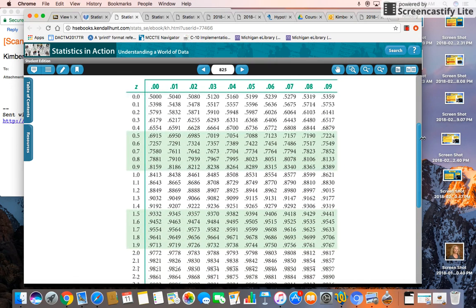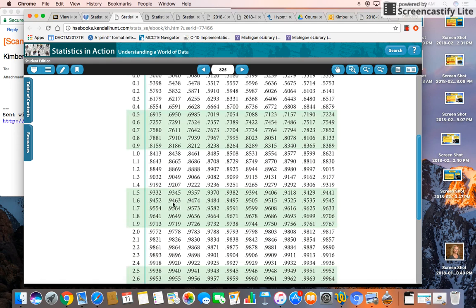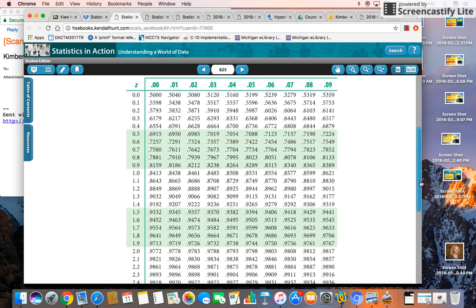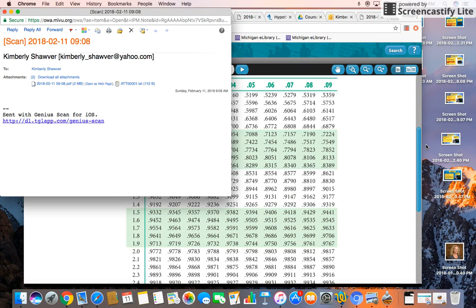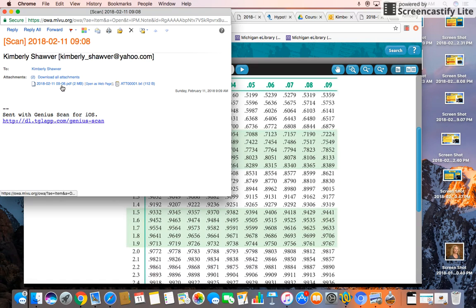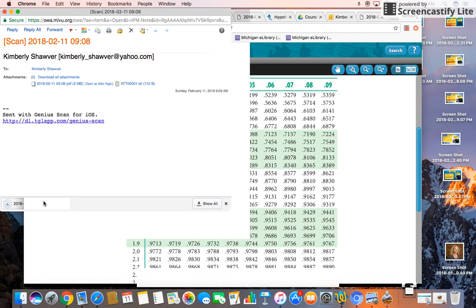I don't have 0.94, but at row 1.5, I see that between 1.55 and 1.56, I know the value of 0.94 falls between these two values. So that's where I want to go look.